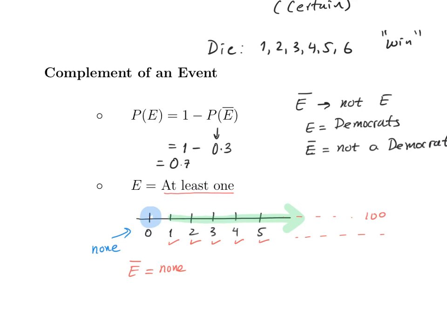So instead, you only need to figure out this one, which is the complement, and then you do 1 minus that. Going back to this example, let's say this is what you really want, which will take a long time. So instead you figure out this one, which is just 0.3, then you do 1 minus 0.3, and it gives you 0.7, and you're done. That is why the complement is such a helpful thing to know. All right, so that's it for 4.1.